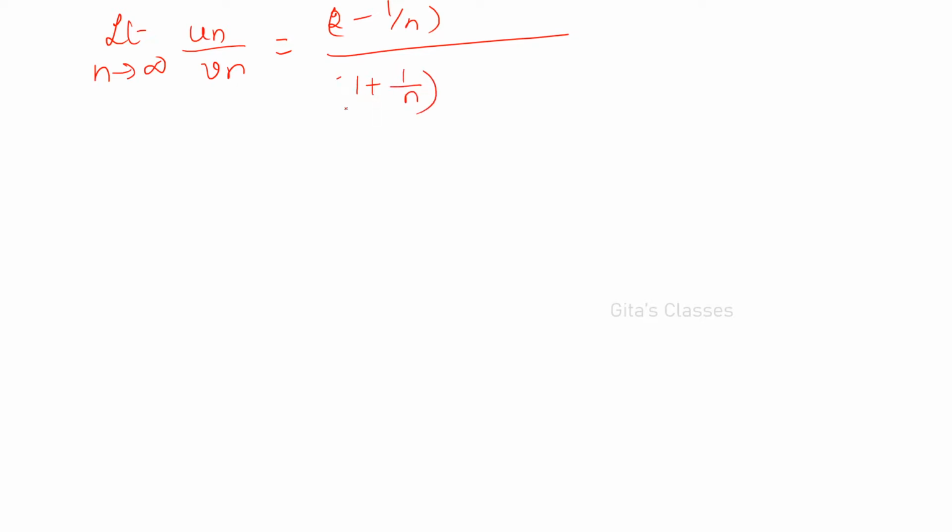Now, what is the next step? Limit n tends to infinity, Un by Vn you have to find out. What is sigma Un? Not sigma, Un. So 2 minus 1 by n in the numerator we have, and in the denominator we had 1 plus 1 by n into 1 plus 2 by n, and 1 by n squared also.